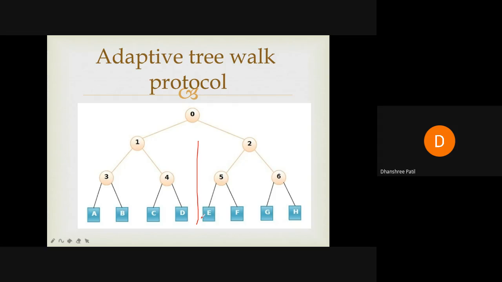This separate group will have a separate access to the channel. So instead of having the burden of all eight stations simultaneously, only four stations will be in competition for accessing the channel, right?